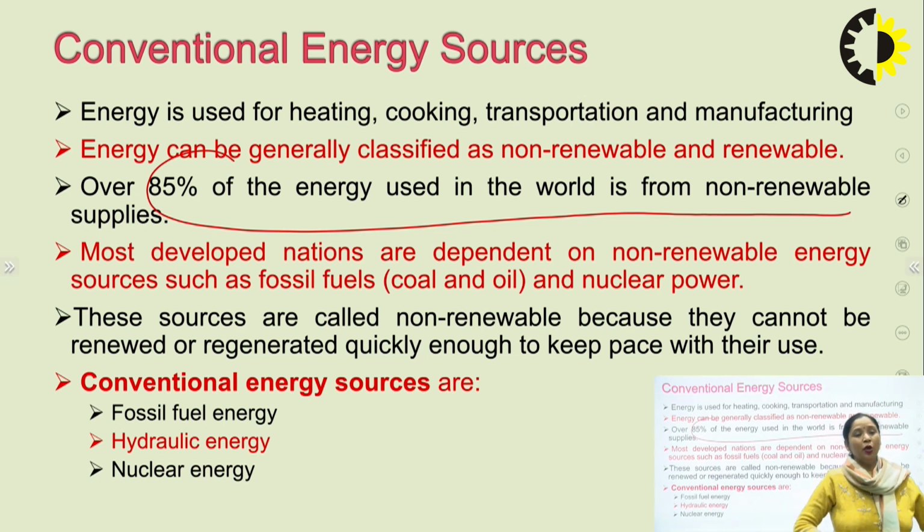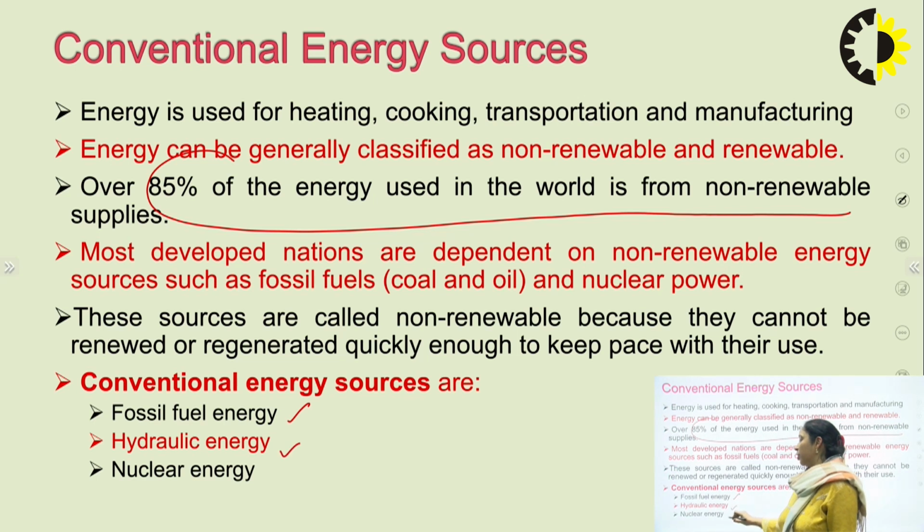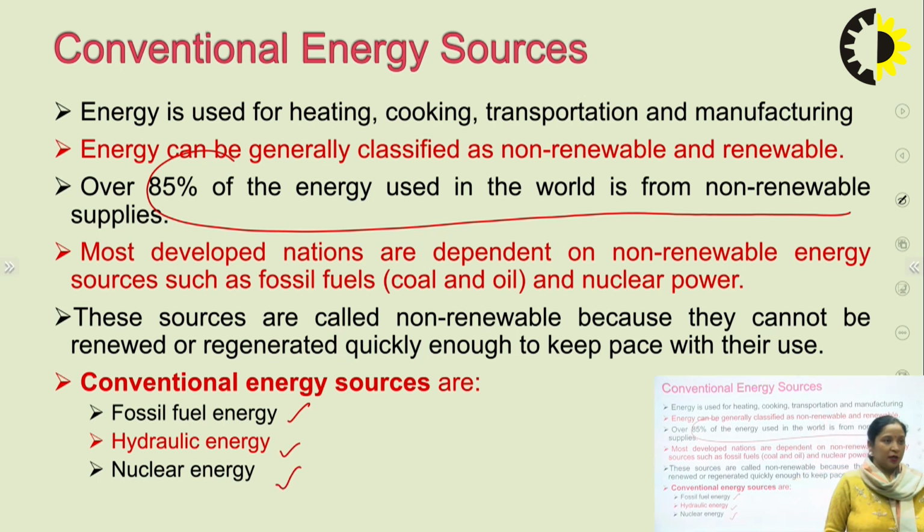As I told you, we are using non-renewable sources and they are depleting, and one day will come when we don't have the non-renewable sources. That's why the whole world is transferring towards renewable sources of energy. And conventional energy comes from fossil fuel energy, hydraulic energy and nuclear energy.